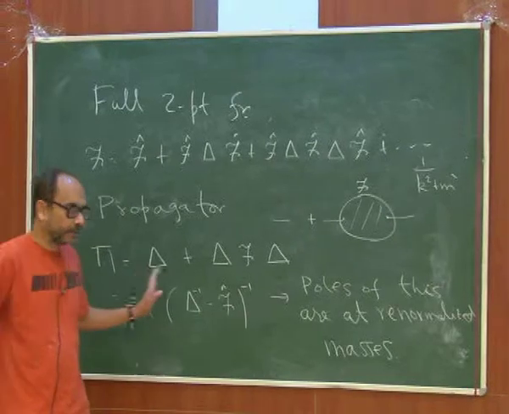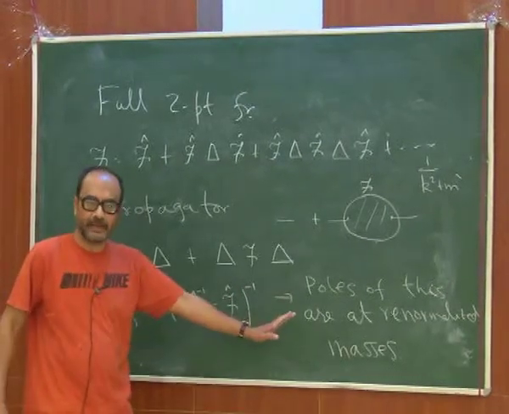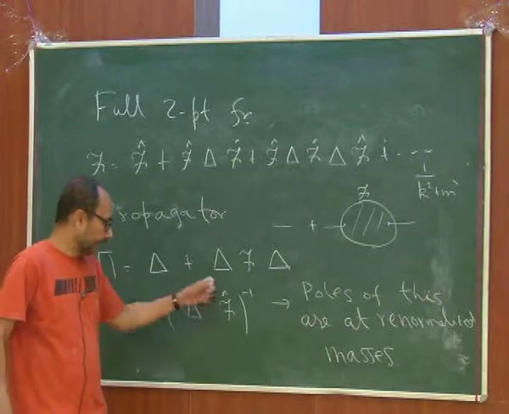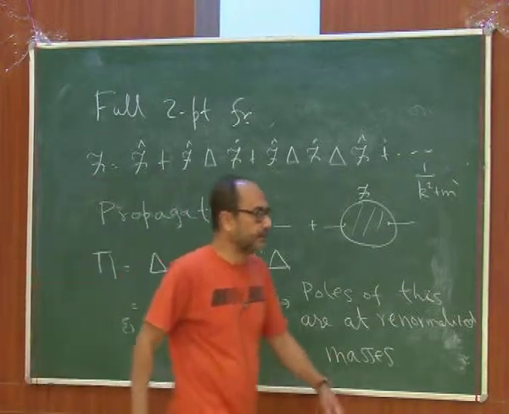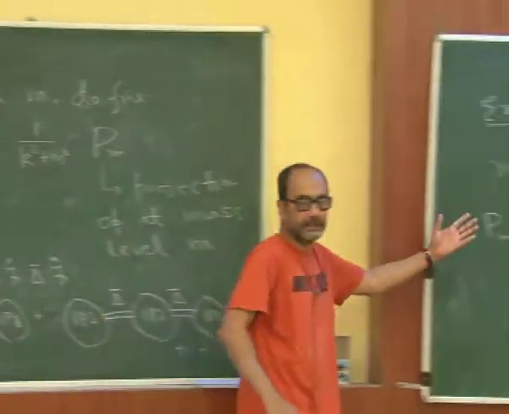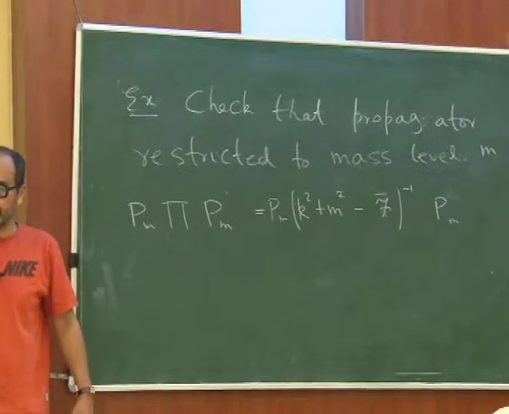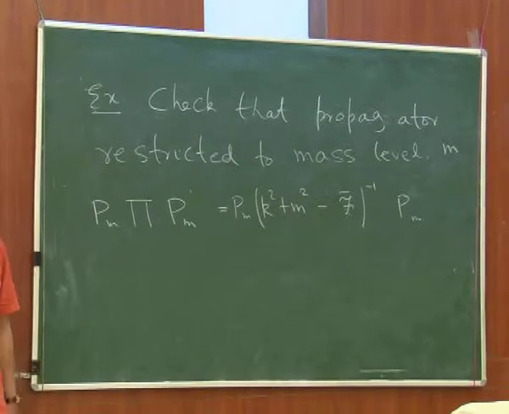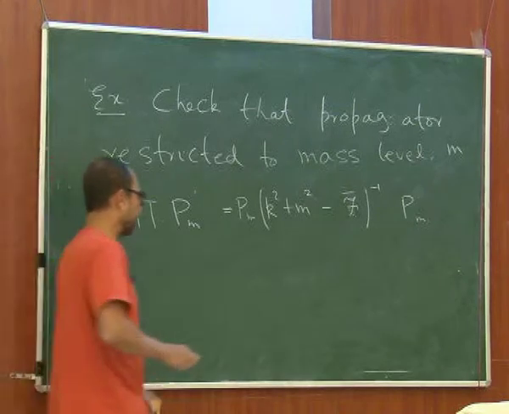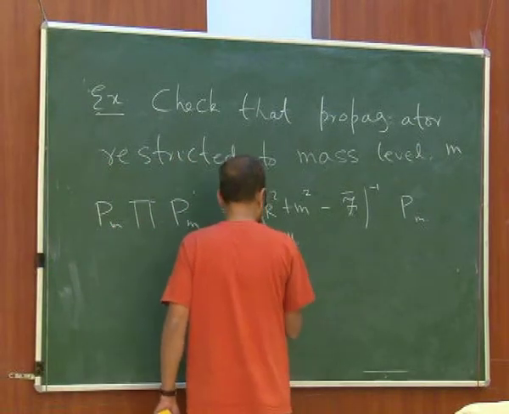But you have to make sure that you integrate out all the modes other than those at mass level m, and that basically converts f hat to this quantity f bar. Okay, this is an identity. In fact, you can just do an algebraic manipulation of that expression, and so this has the advantage that this is now a finite dimensional matrix.